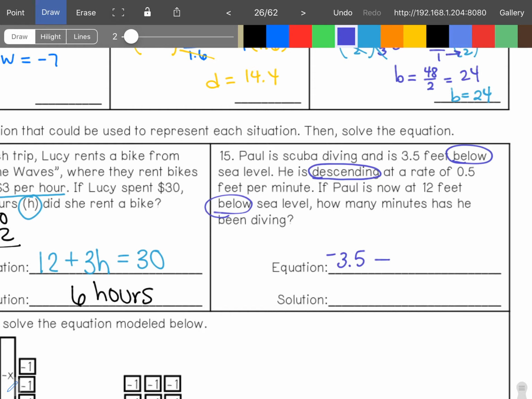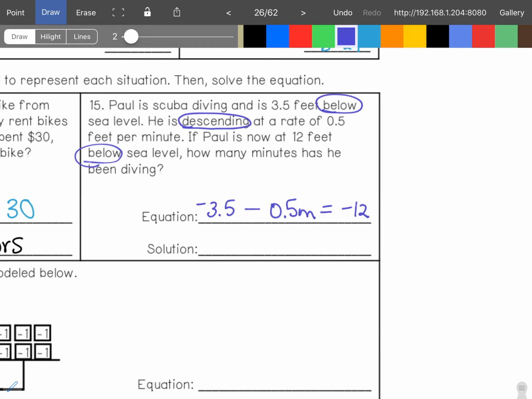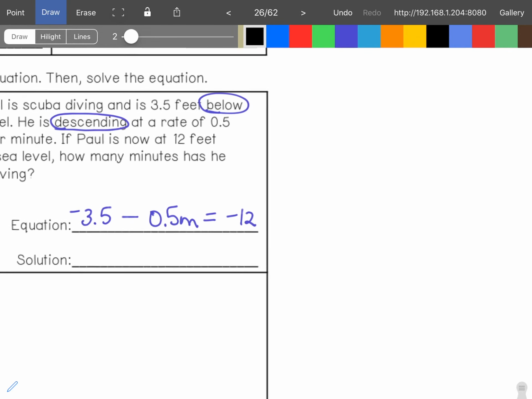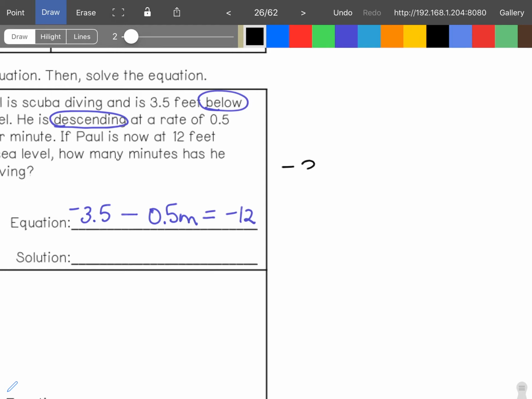And it looks like we get to pick our variable, but I'm going to use m for minutes, and I'm going to do 0.5 m. And it says he ends up at 12 feet below sea level, so equals negative 12. So that would be the equation, and then we're going to solve it. Hopefully you have a little bit more room than myself. I'm going to have to kind of move over here and copy the problem down.